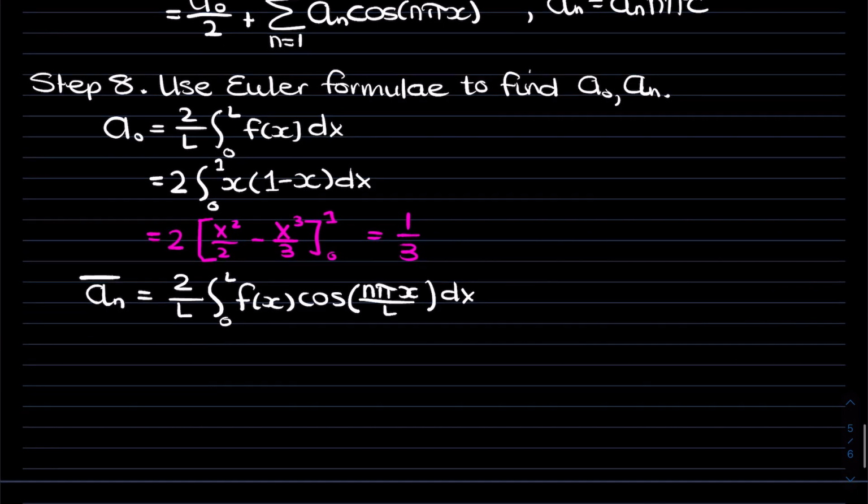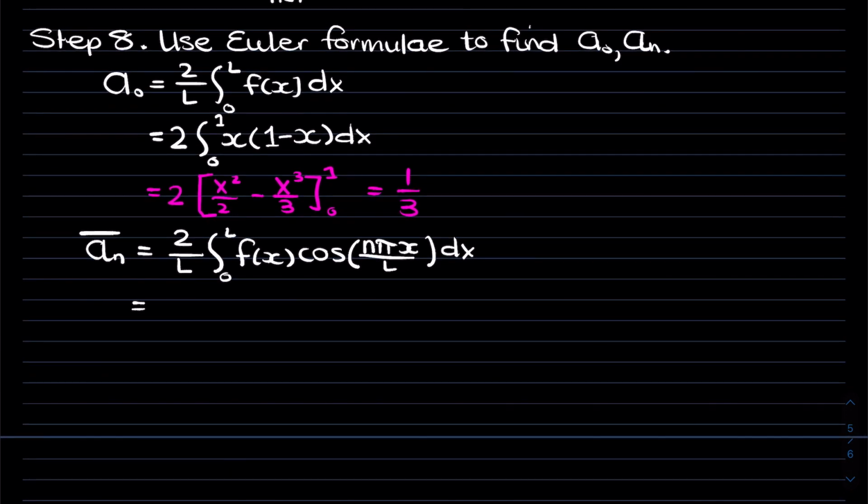So recall that our L is 1. So we'll just have 2, 0 to 1, x of 1 minus x cosine n pi x dx.